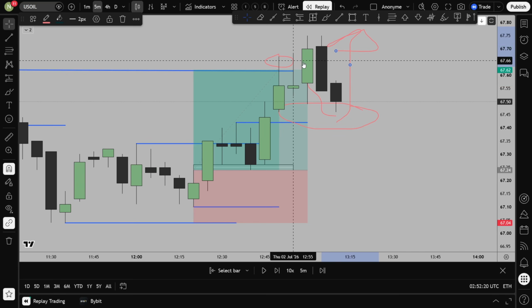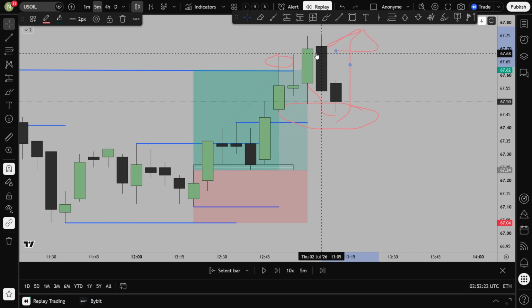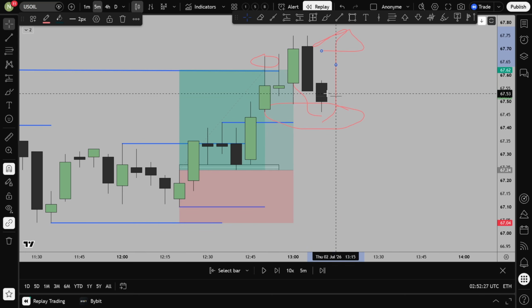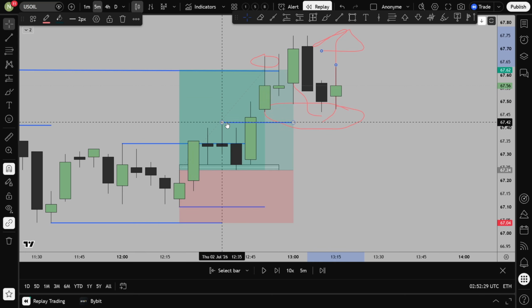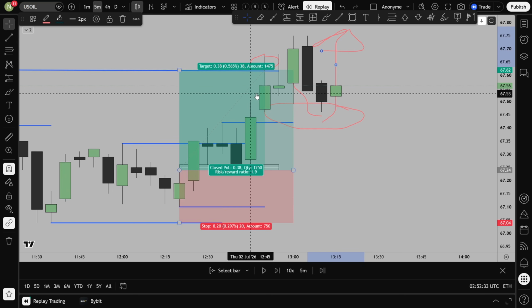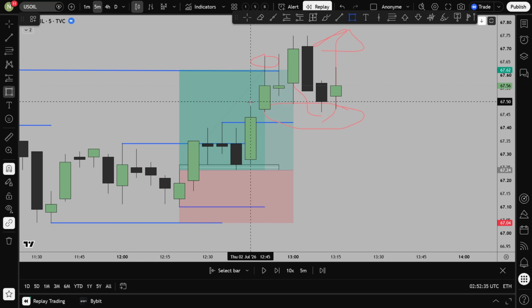beam. If you waited for the close, here you have it, a pullback to an area. It could be the market structure here, or it could be this fair value gap, which is in here.